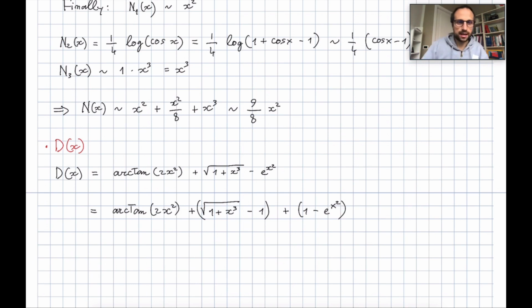So this is exactly the same expression. I just regrouped it in different ways. And then I call this d1 of x, this is d2 of x, and this is d3 of x. Now we want to proceed in exactly the same way. I'm going to go a little bit faster because the ideas are exactly the same.